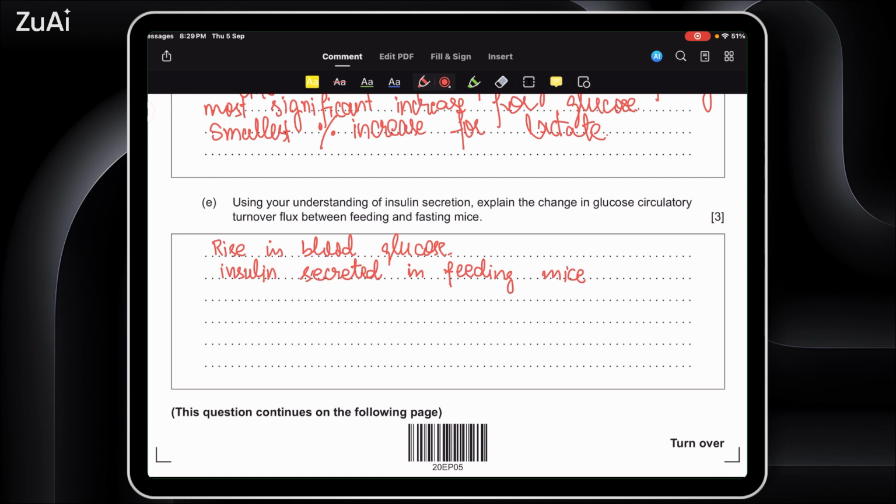and insulin causes more metabolism of glucose because it lowers the blood glucose level. So insulin causes uptake of glucose into glycogen, because glucose is stored in the glycogen form.